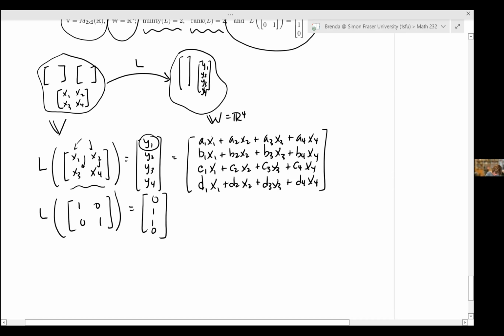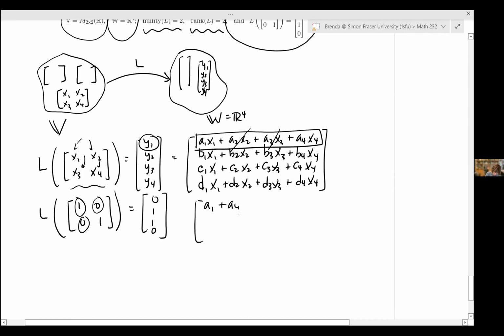Now imagine I'm looking at this line right here. When x1 is 1, I get a1. x2 is 0, so that guy is gone. x3 is 0, that guy is gone. Then I've got x4 is 1.